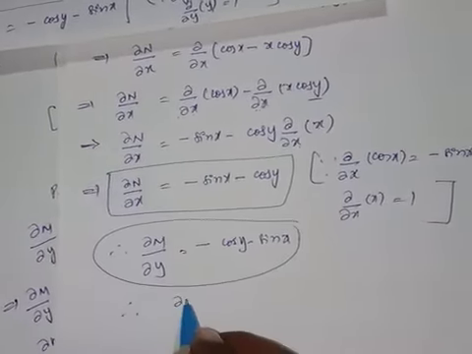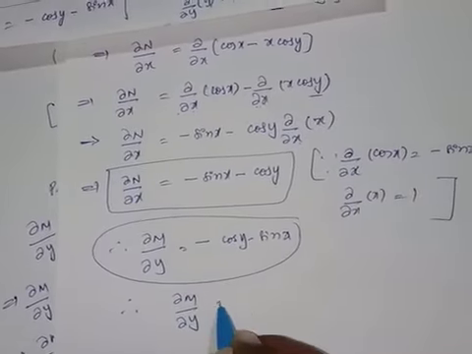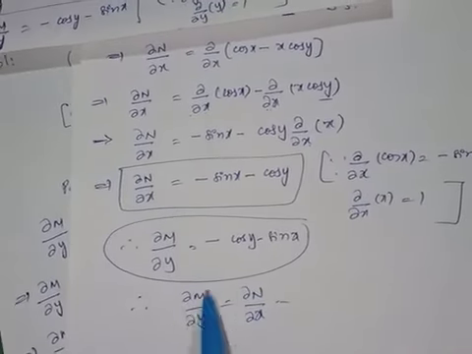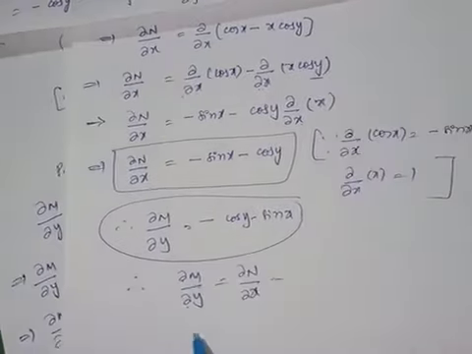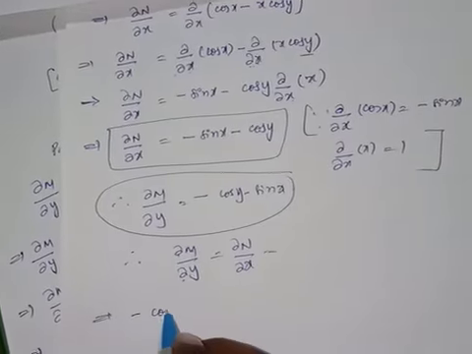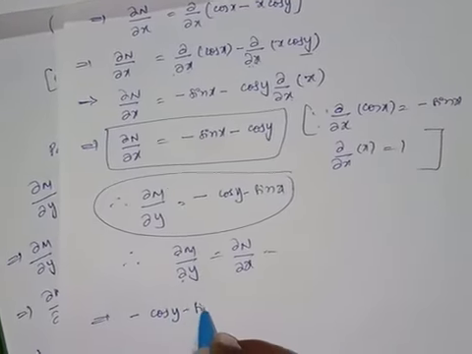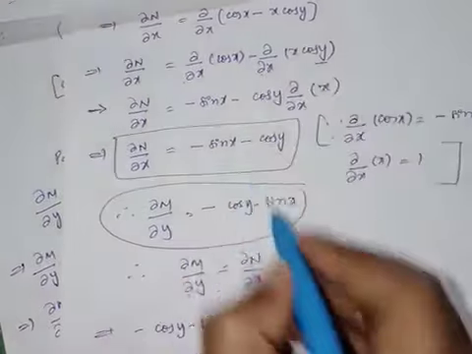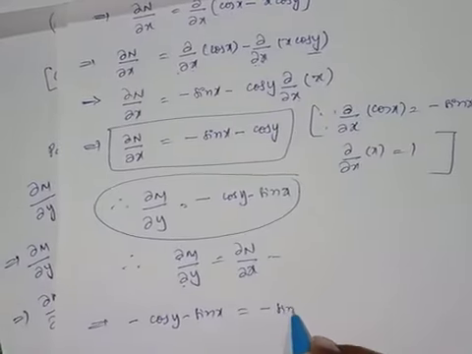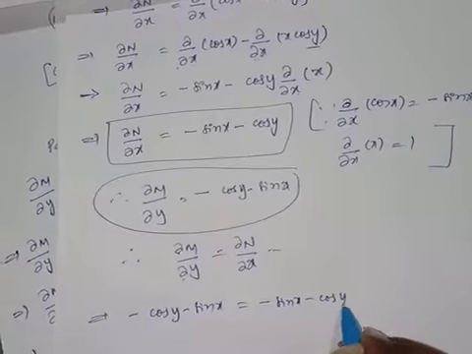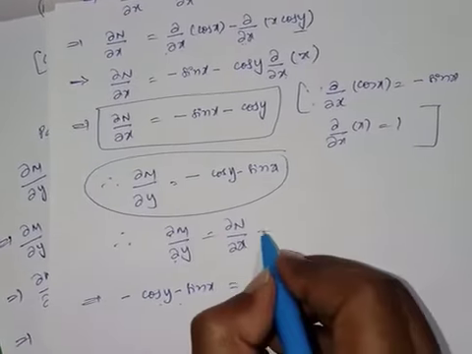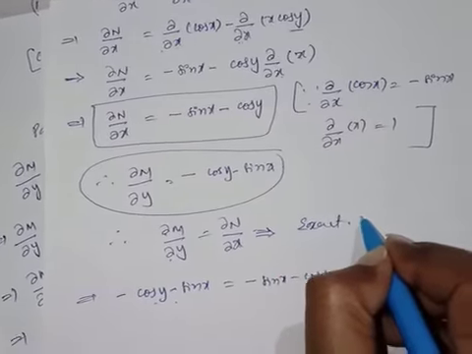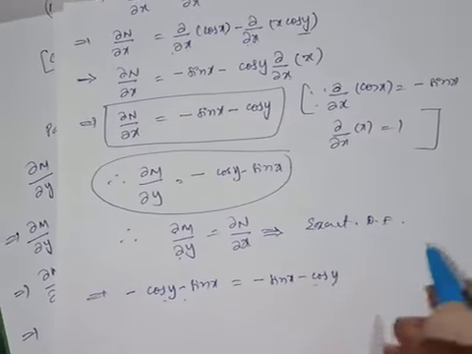Therefore ∂M/∂y is equal to ∂N/∂x. The ∂M/∂y value is −cos y − sin x, which is equal to the ∂N/∂x value, also −sin x − cos y. Both sides are equal, so this is called an exact differential equation.